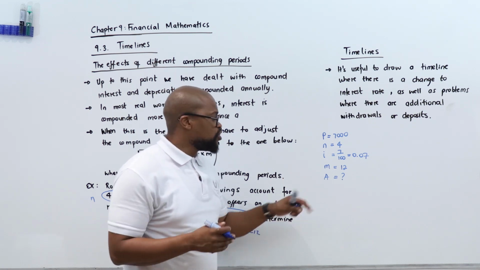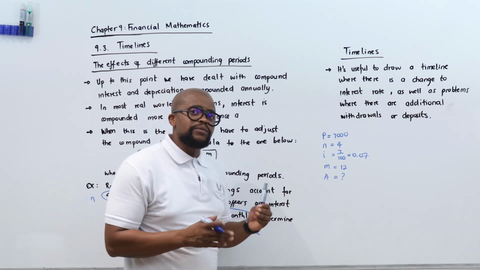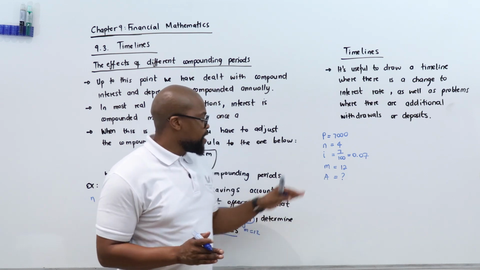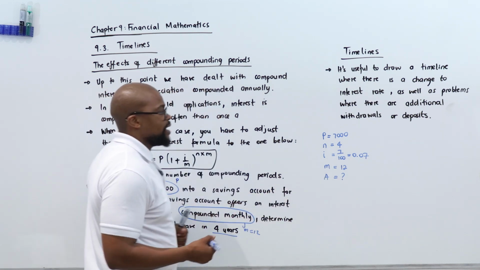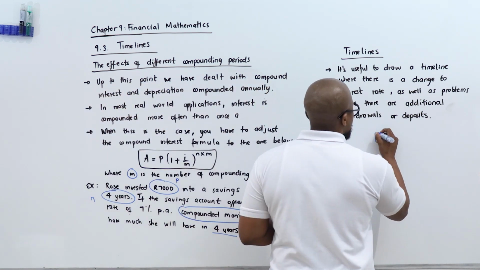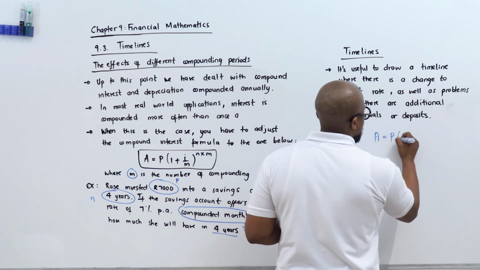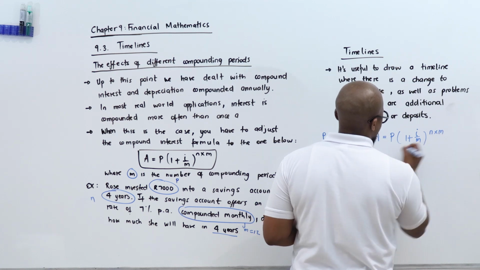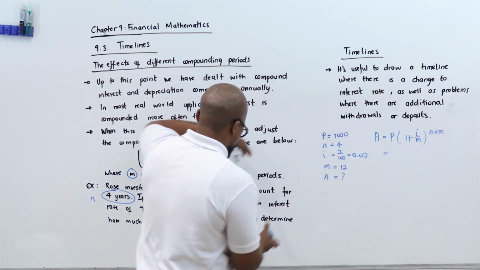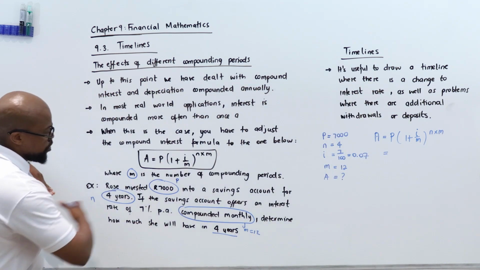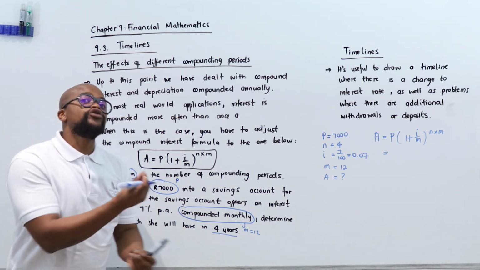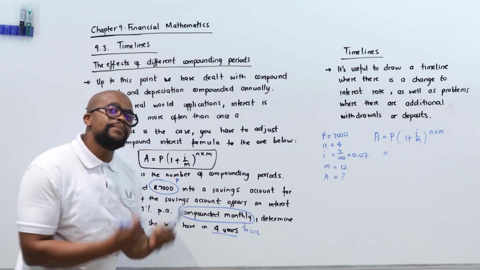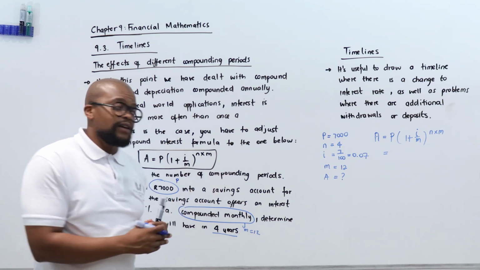So your interest is going to be compounded 48 times over the 4-year period. The formula we're going to use is A equals P times (1 plus i divided by m) raised to the power of n multiplied by m. And then we just substitute all our key values. Remember, it's very important that when you read a question, you are able to draw out key values and key parameters that we're going to need to plug into our formula.